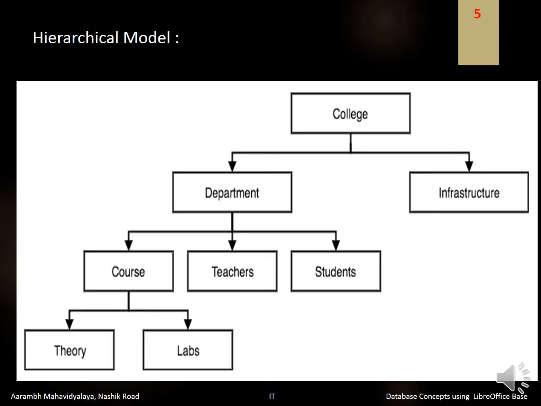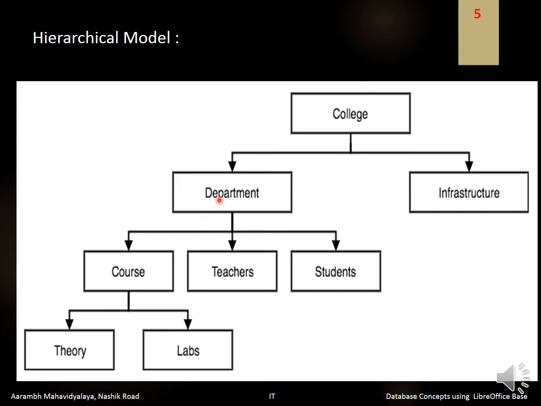Then the second type of model is the hierarchical model. Hierarchical model means step by step instructions are given. Here our model atom, or our key, is college, and college gets hierarchically distributed into different things. You know that a college has different departments, and infrastructure.